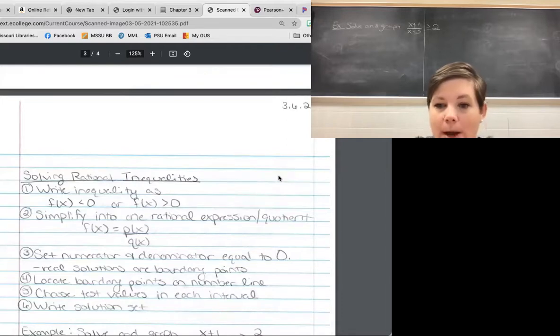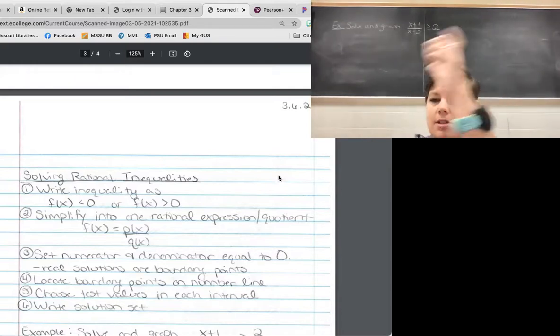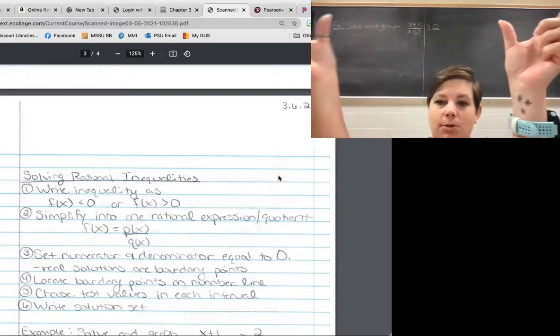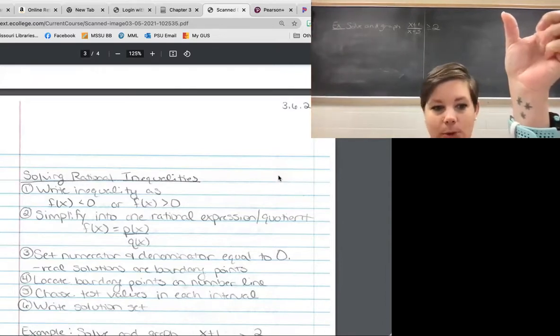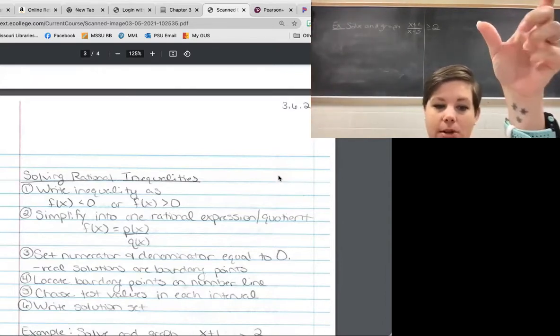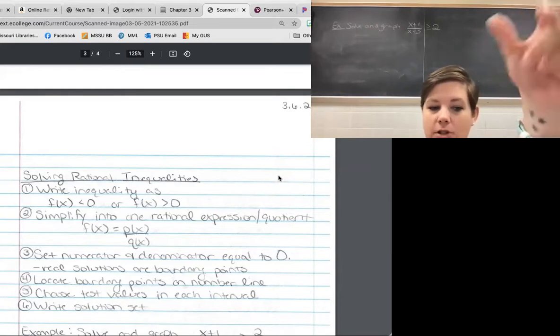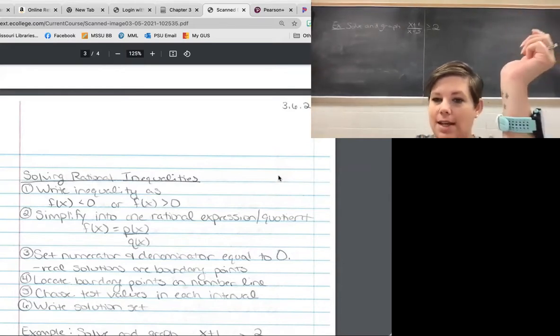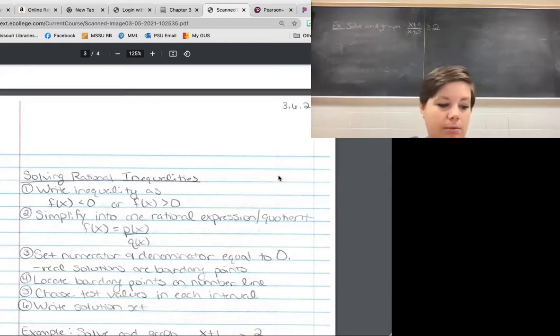Those are going to give you your boundary points. When we did the polynomial one, we just set it equal to 0 and solved. This time we set the top equal to 0 and the bottom equal to 0, and that will give us our boundary points. We locate those on the number line, choose our test values, and write our solution set. So that's really the only difference.